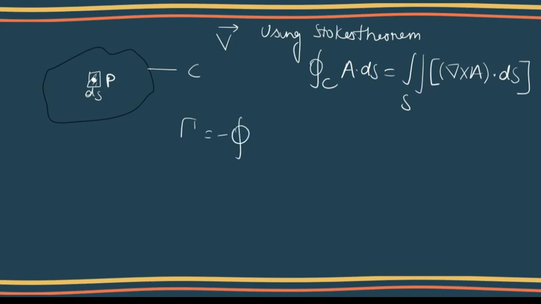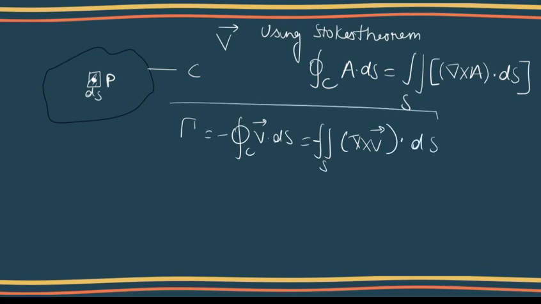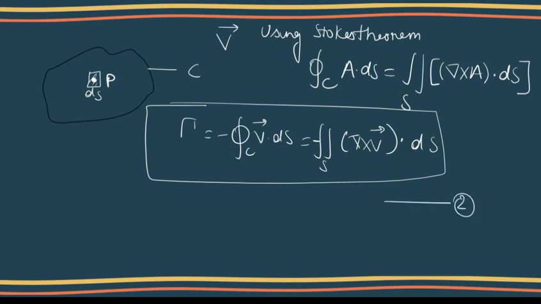We know that circulation can be written as the line integral of V dot dS, correct? So, can I write circulation in terms of a surface integral? Yes. This is what we get when we use the Stokes theorem for circulation.